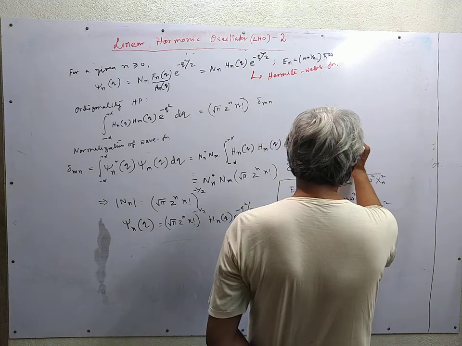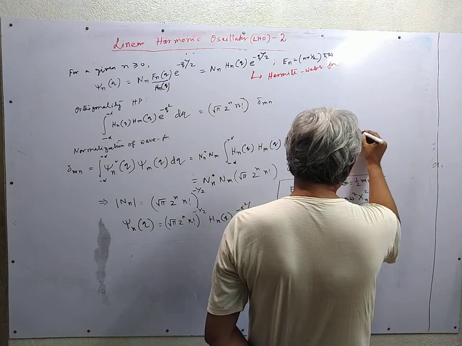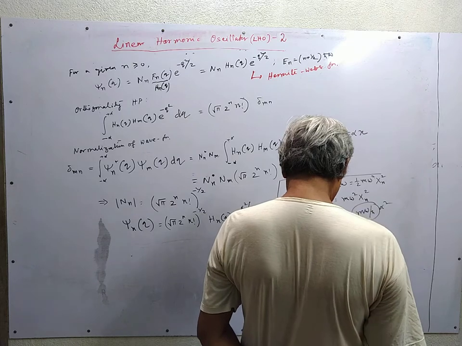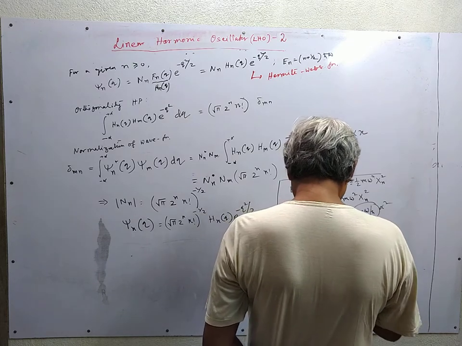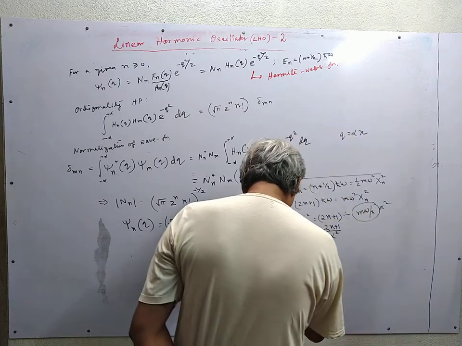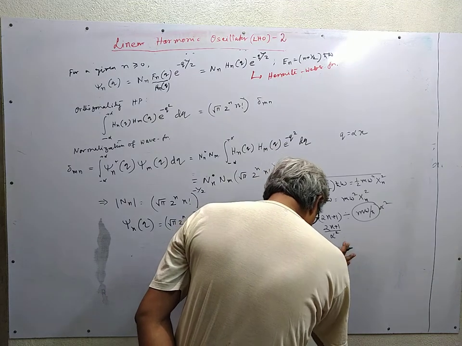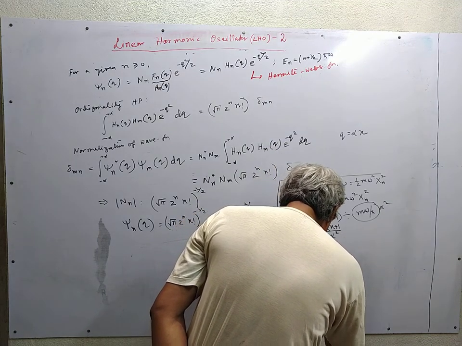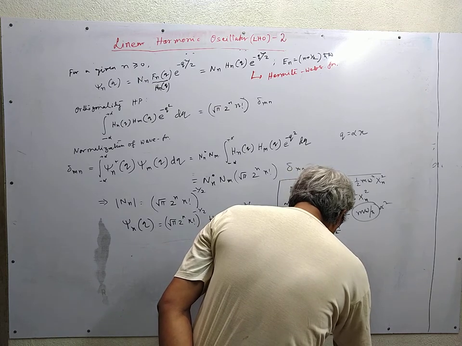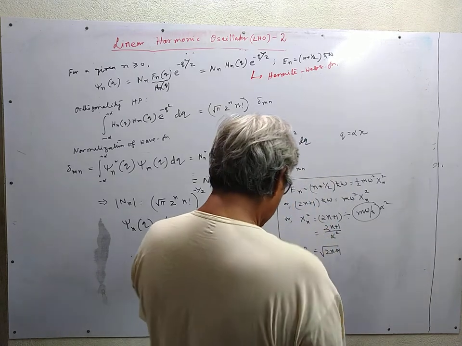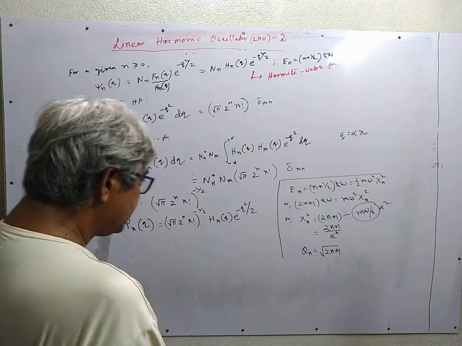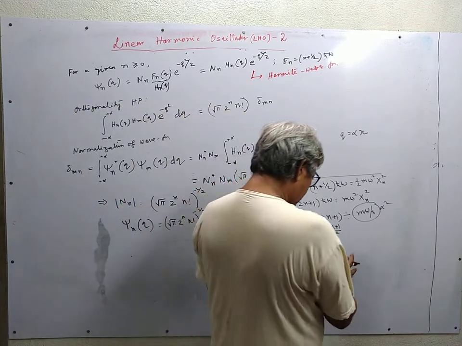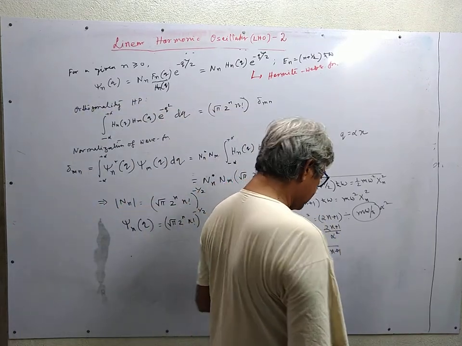We introduced that q is equal to alpha x, so if we go to the dimensionless form of the amplitude, Q n is equal to root of 2n plus 1. So this is the amplitude of the classical oscillator in dimensionless form.